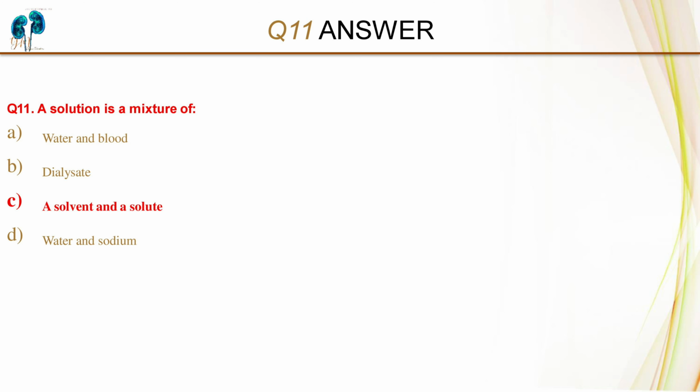Water and blood, no. Dialysate is an example of solution. In dialysate, water is the solvent, and electrolytes like sodium, potassium, calcium and so on are the solute. Water and sodium, that is salt water, is also an example of a solution.